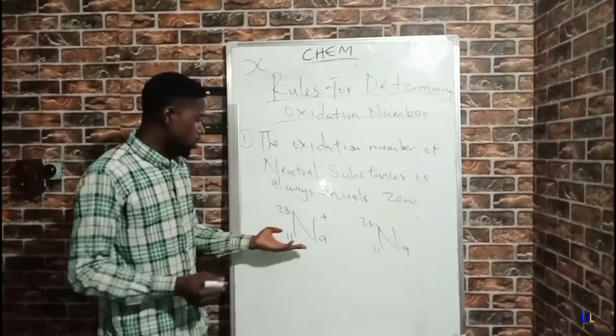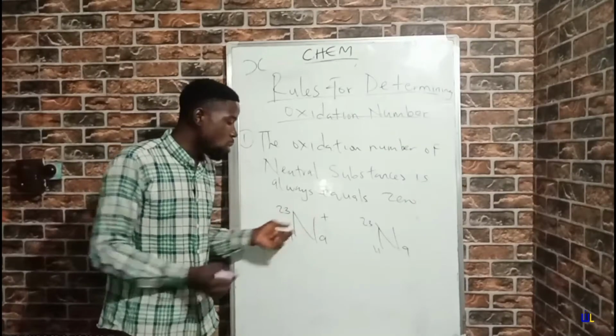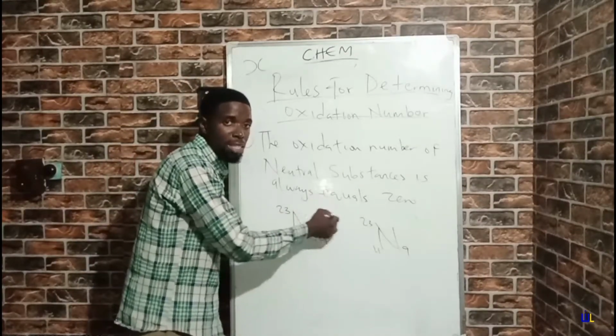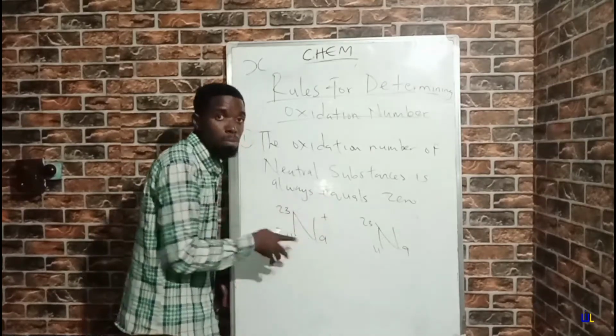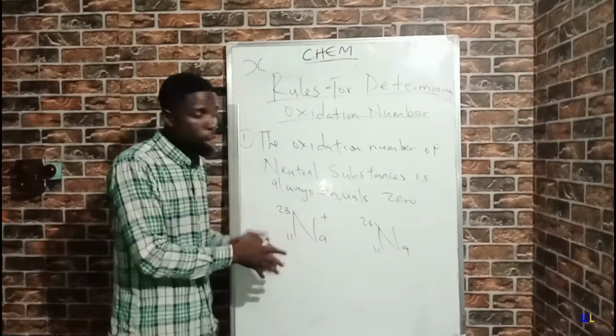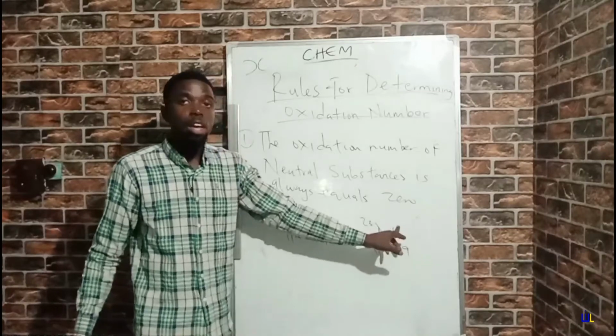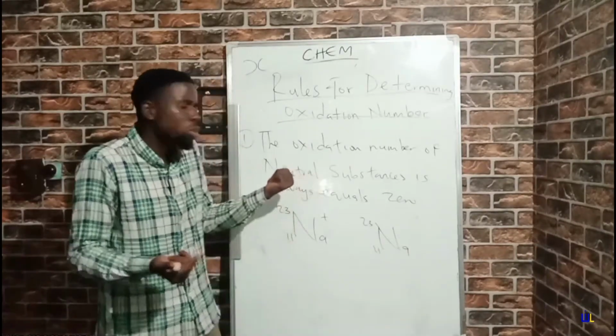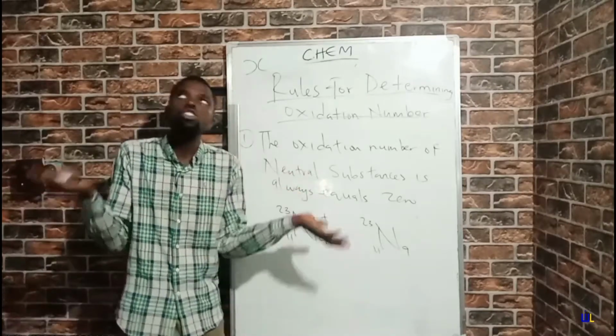Now, the first is a sodium ion because it is charged. Whenever you see a numerical value attached to the superscript towards the right, it implies that it's an ion, a charged particle. But once you don't have any value here, it implies that it is neutral. So how do you identify neutral substances? Because that could be the question that could pop up. Yeah, we know the oxidation number of neutral substances is equal to 0.